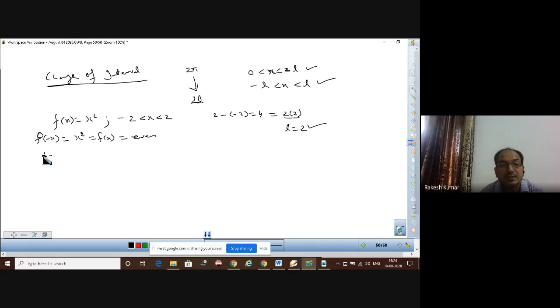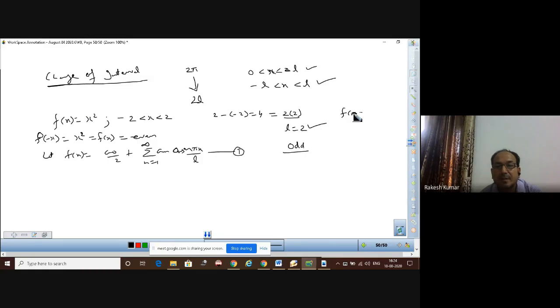So when the function is even, the Fourier series will be a naught by 2 plus summation n is 1 to infinity an cos of n pi x over L. This is the new angle in the Fourier series. Always remember, in the case of an even function, the Fourier series will be this one. But in case of an odd function, you can take the example that f of x is equal to x in the same interval.